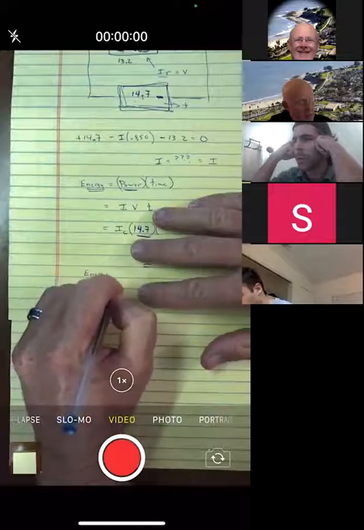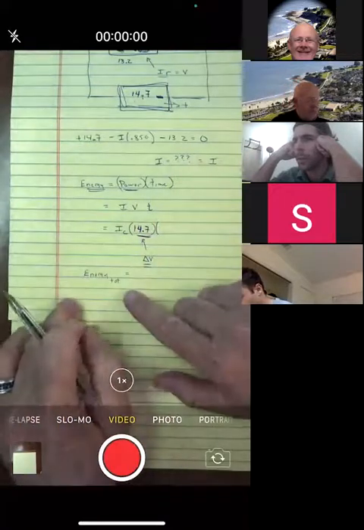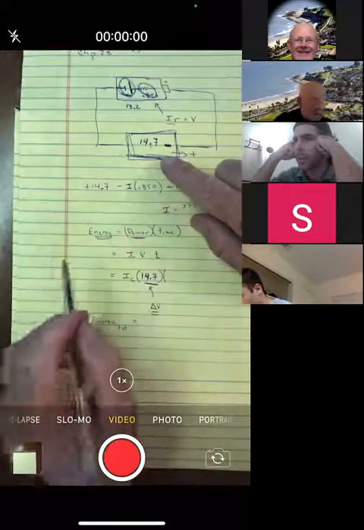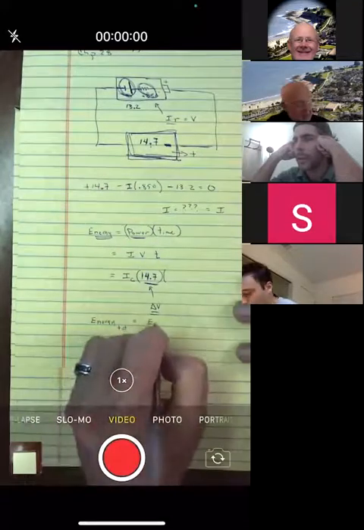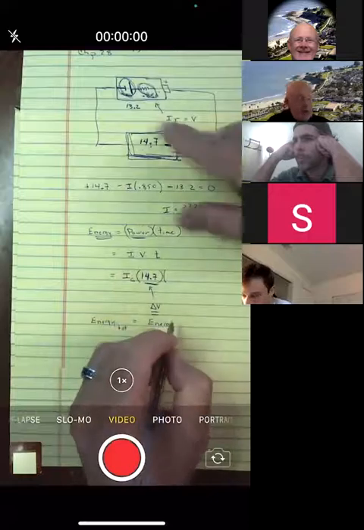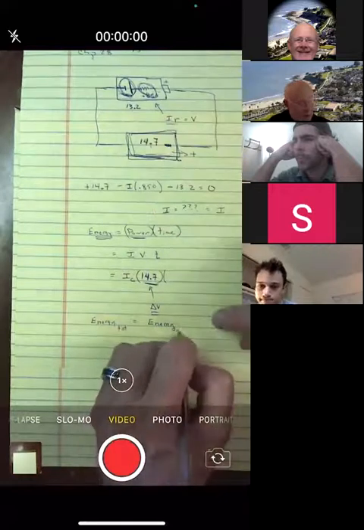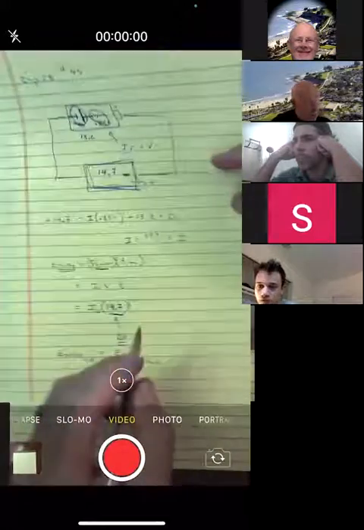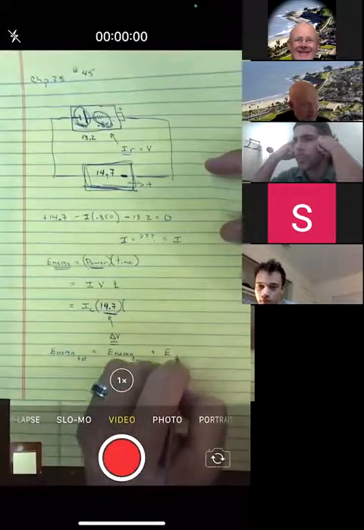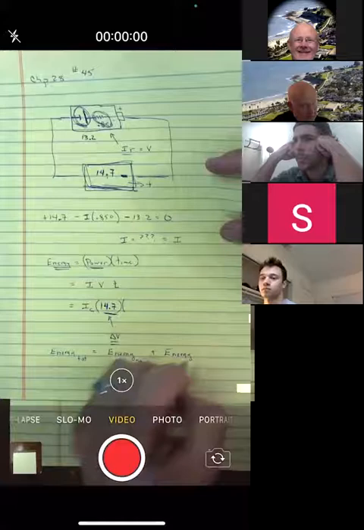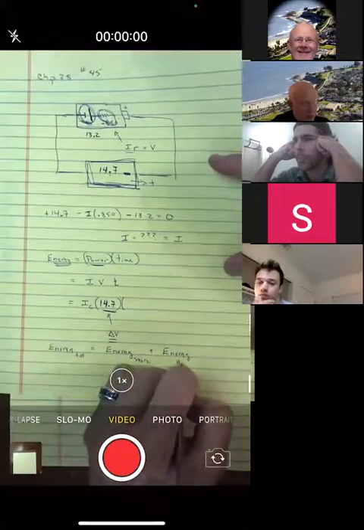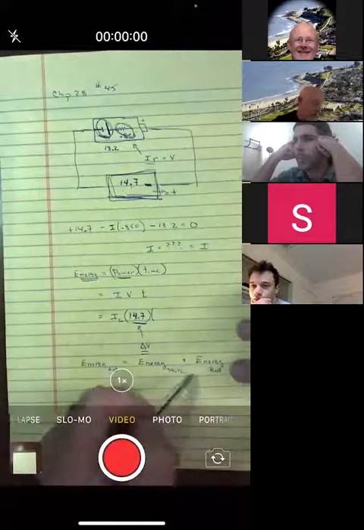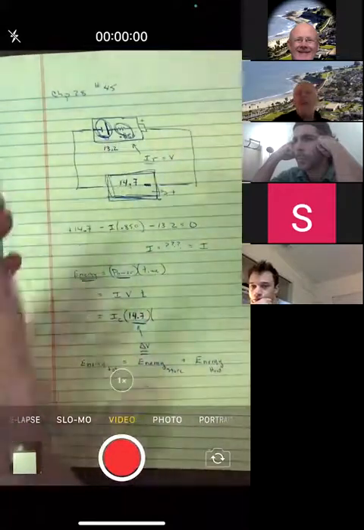So if I say energy total, and I'll say that total is the energy delivered by this power supply, must equal the energy that goes into storing in this battery I'm trying to charge, plus the energy that goes into heat that sadly was a necessity to charge this battery.